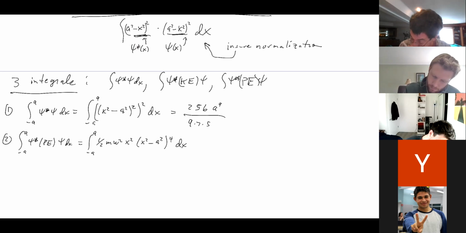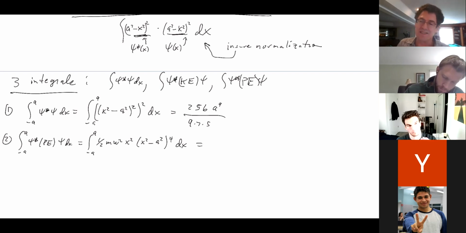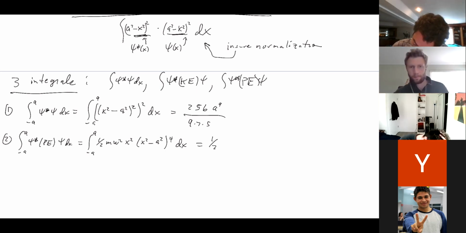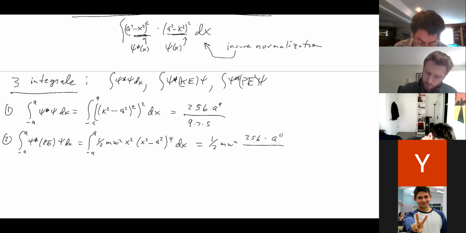I hope you can see that without too much trouble. It's a tedious integral, but not that hard, or you could plug it into Mathematica. You get 1/2 m omega squared times 256 times a to the 11th all over 11 times 9 times 7 times 5.